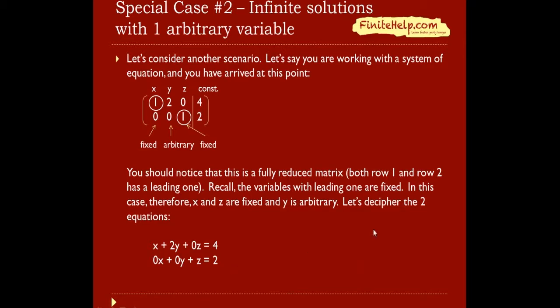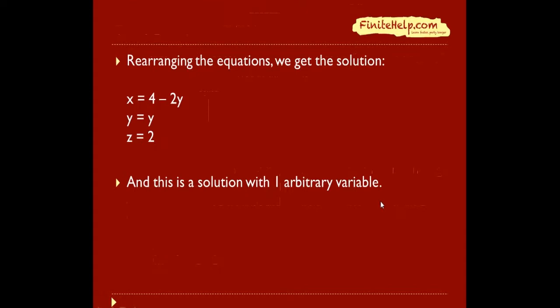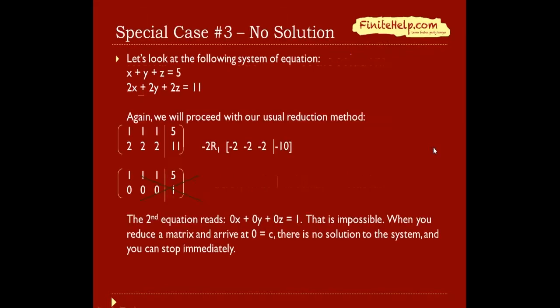If we decipher the two equations, here's what they are. Again, y is arbitrary, so y equals y. And we already had that z equals 2. And we're going to rearrange that first equation to get x equals 4 minus 2y. So this is the final solution. And this is a solution with one arbitrary variable with infinite solutions.